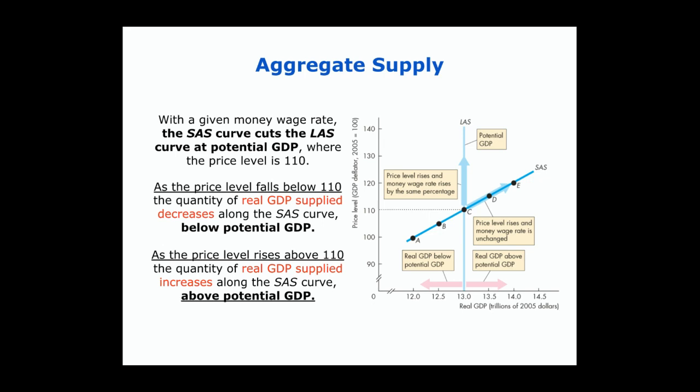It can also be greater than 110. We could be at point D or point E, in which case the real GDP supplied increases beyond potential GDP. And so we can be at any point along the short-run aggregate supply curve, at potential GDP, below it, or above it.